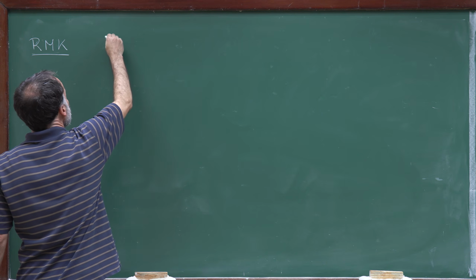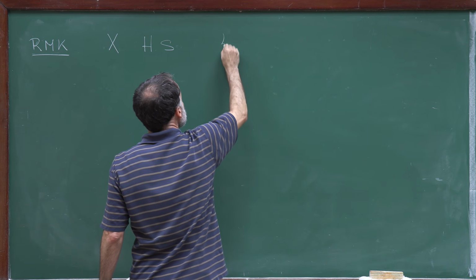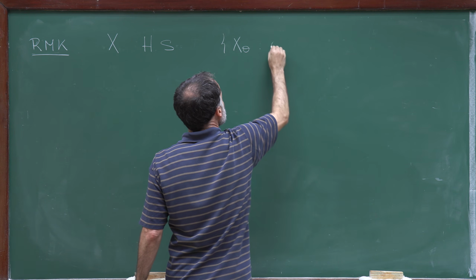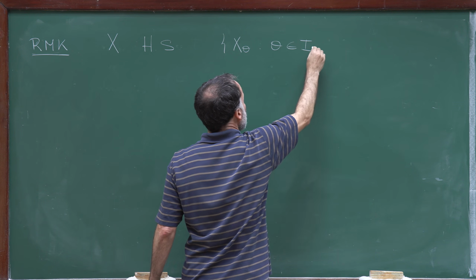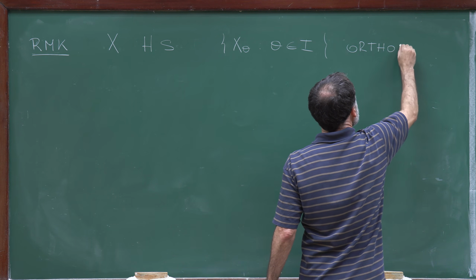So X is a Hilbert space, and x theta is an orthonormal set.